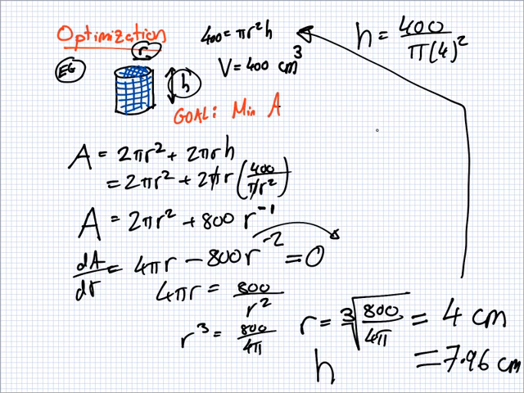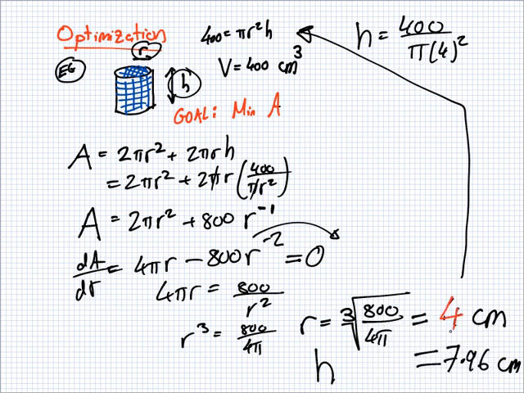So roughly speaking, the best shape to use is one which is 8 centimeters tall, roughly, not quite, and roughly 8 centimeters wide. Roughly, its radius is 4 centimeters. If we want to be more technical, it was 3.99, I suppose.